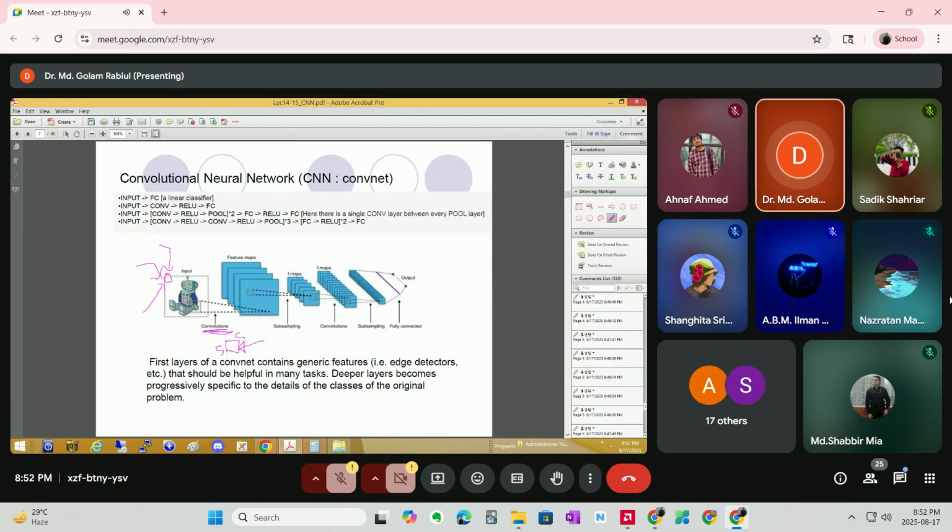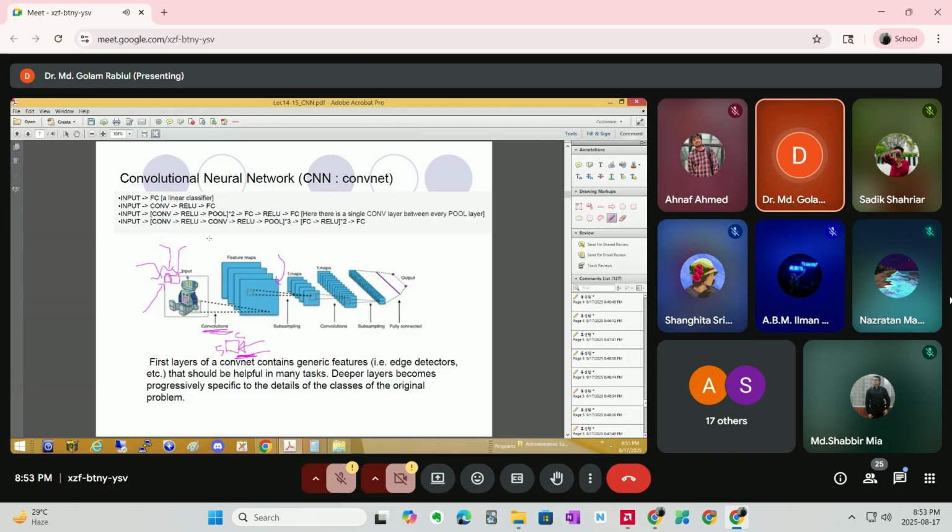And then it will shift to the next position, so the next patch, again 5 by 5. And this filter will search for the beak here. That means it will apply the convolution operation and find out the feature for the beak. In this way, for each and every filter, like this beak detector filter, it will find out the feature map for the beak.